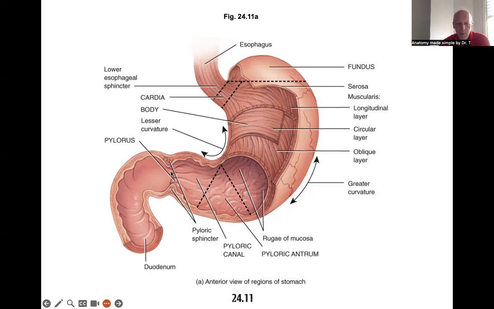Relaxation of the pyloric sphincter allows partial emptying of the stomach content, about 10 to 15 milliliters of chyme per minute entering the duodenum.